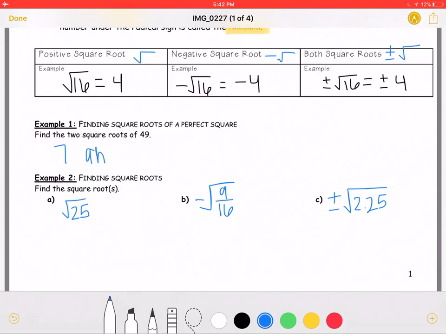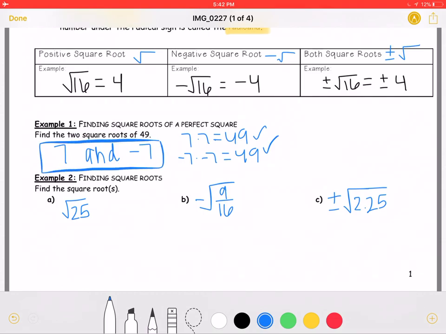But it can also be negative 7, because negative 7 times negative 7 would give you a positive 49. So both of those are the two square roots of 49. And again, you can check yourself. We know negative 7 times negative 7 is positive. So those are our two square roots.